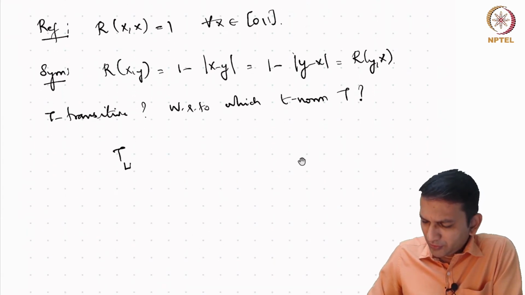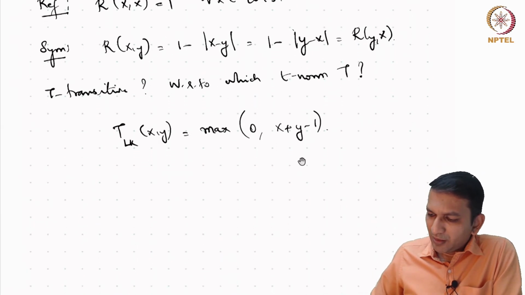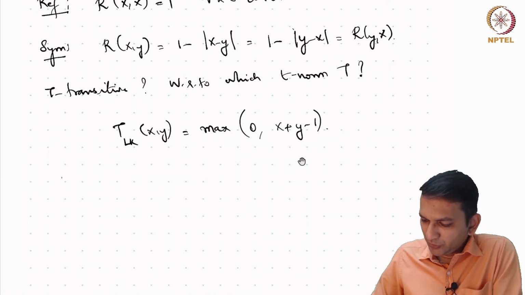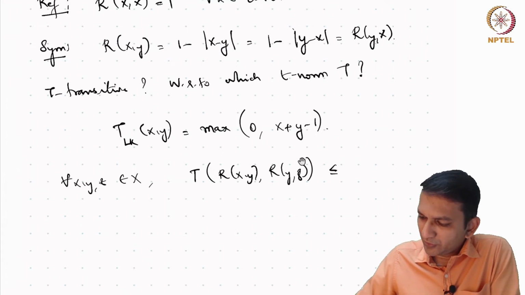Recall what the Lukasiewicz T-norm is. This is max of 0, x plus y minus 1. For T-transitivity, what should we show? We need to show for every x, y, z element of x that T of r(x, y), r(y, z) is in fact less than or equal to r of x, y.